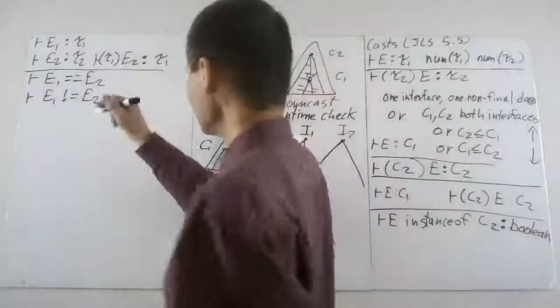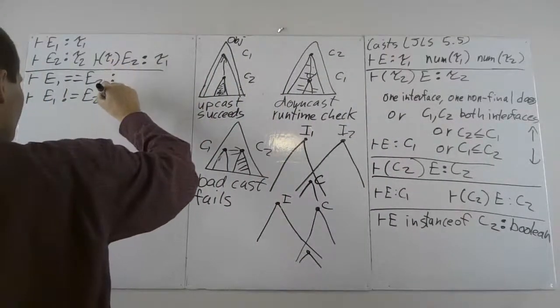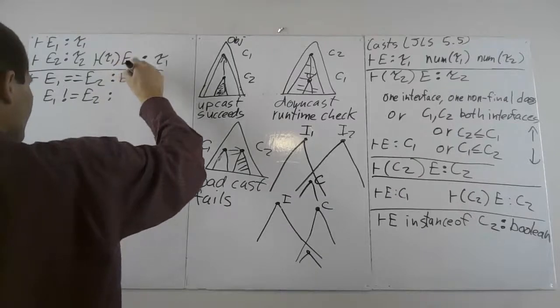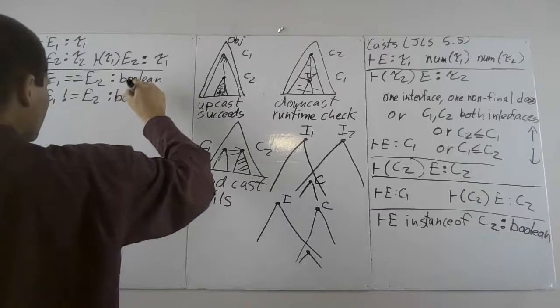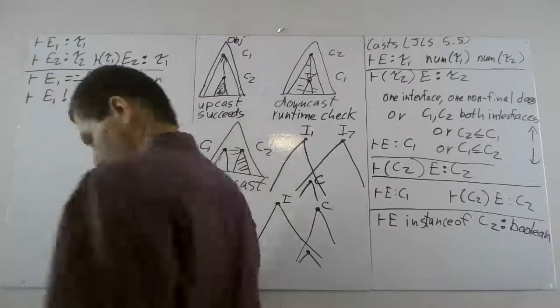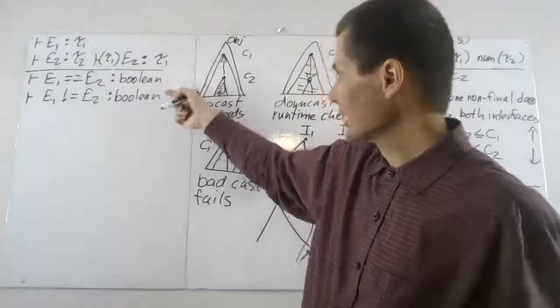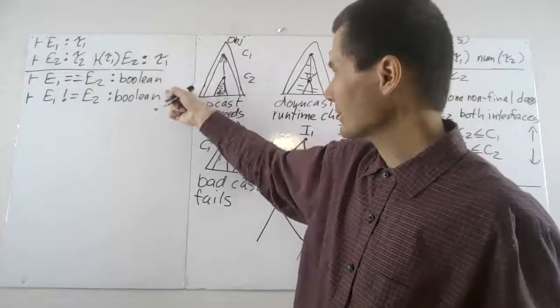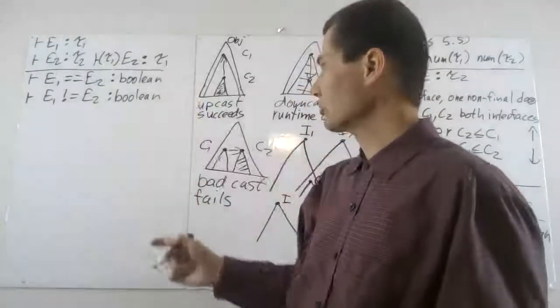Okay, and then in these cases, of course, the equality comparisons give you a Boolean result. Oh, and I'm just abusing notation here a little bit by writing two different conclusions below the line.